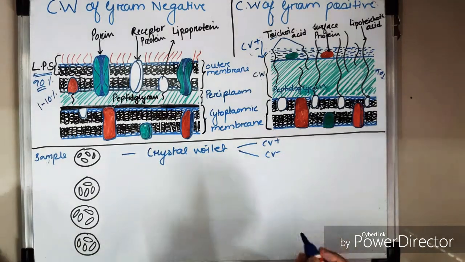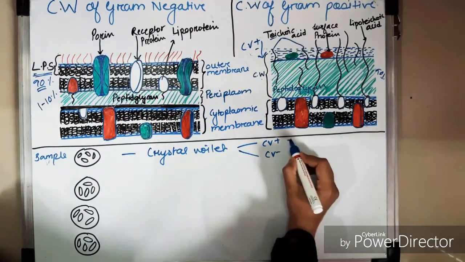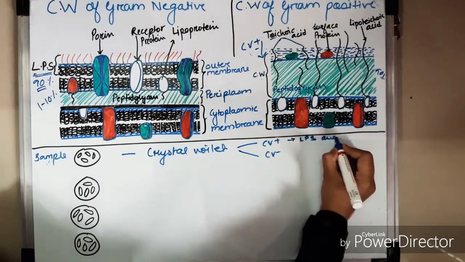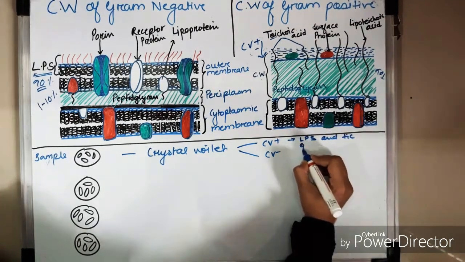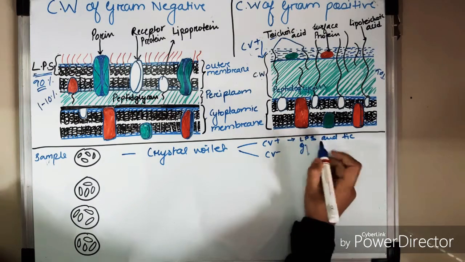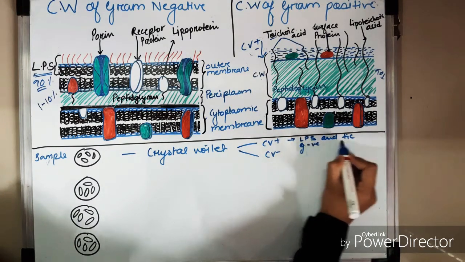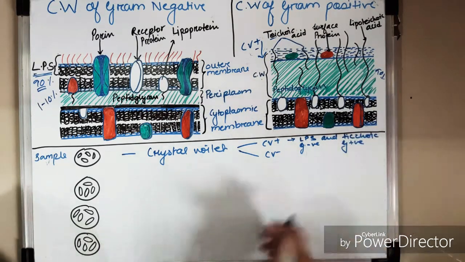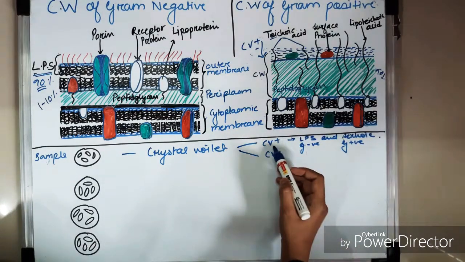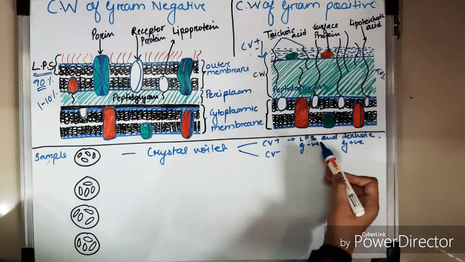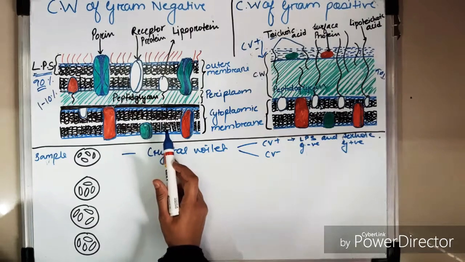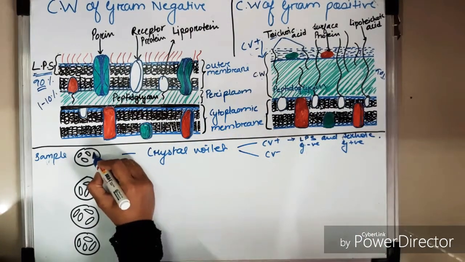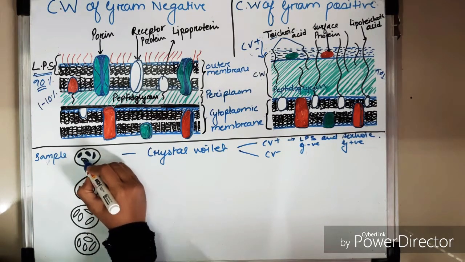So the CV plus ions interact with lipopolysaccharide in gram-negative and teichoic acid in gram-positive, and color them into a purple color complex.